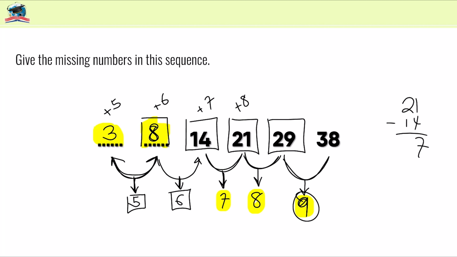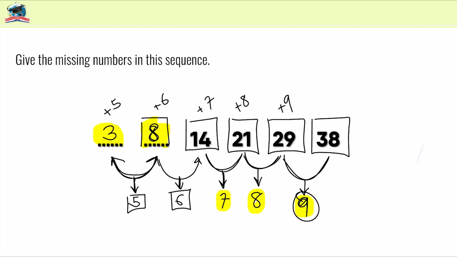And if we add a 9 to the 29, that should give us a 38. Beautiful. So we could see that a number is being dropped in a steady format, from 5 to 6, 7, 8 and 9, and that will give you your answer. Okay, let's tidy up.